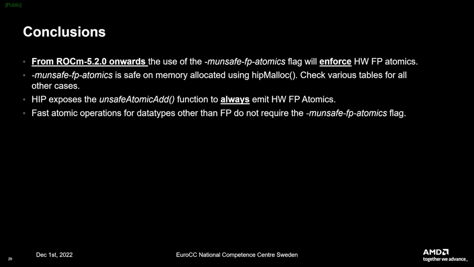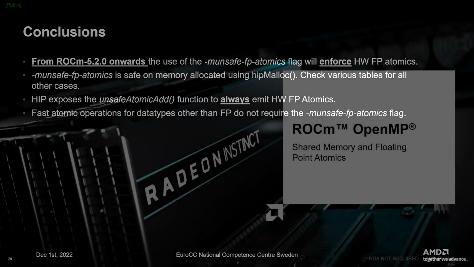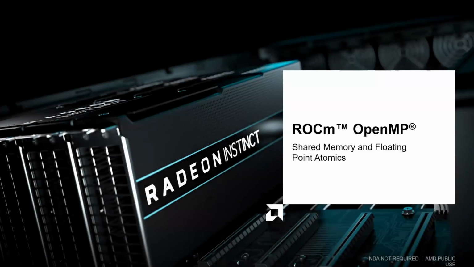So if you're going to do atomics, make sure that memory is coarse-grained. And check your code to make sure that you're getting the correct answer when you're using atomics, because it can be a little confusing. So let's look at OpenMP and how these atomics and the shared memory work.